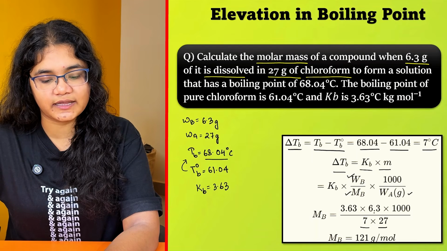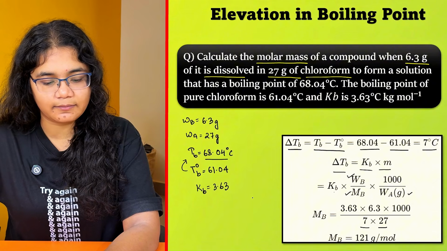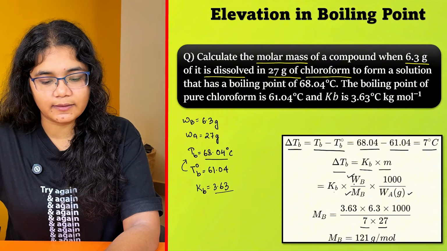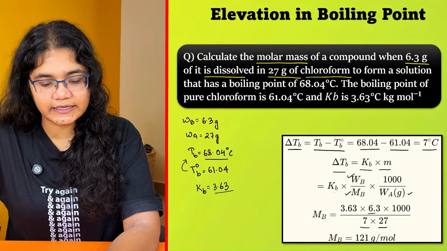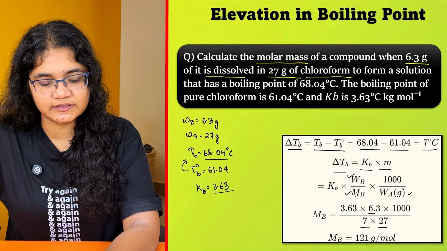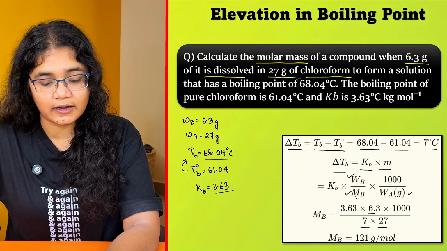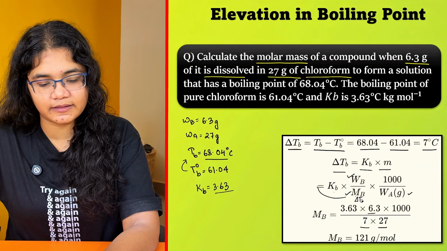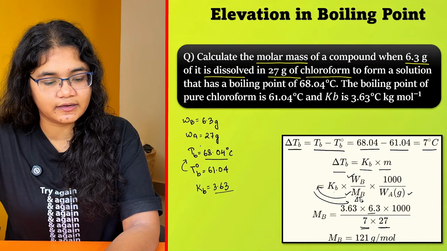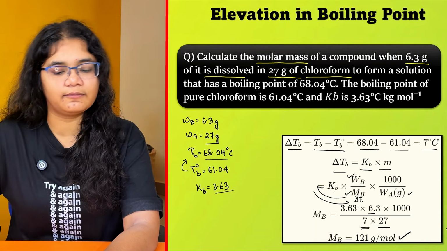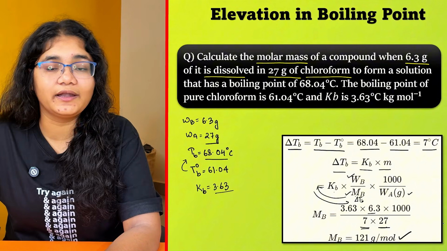Substituting all the values: Kb is 3.63, WB is 6.3, then 1000, and delta TB, which is 7 degrees, and WA is 27. The total value of MB comes out to be 121 gram per mole.